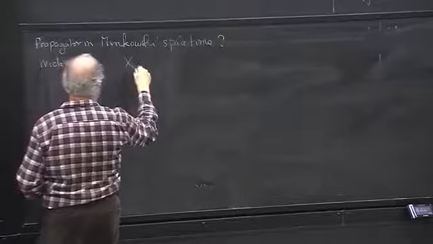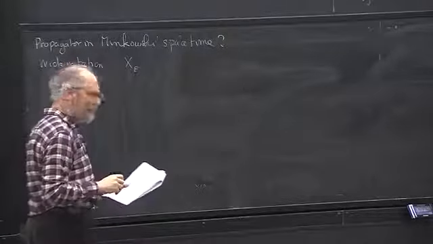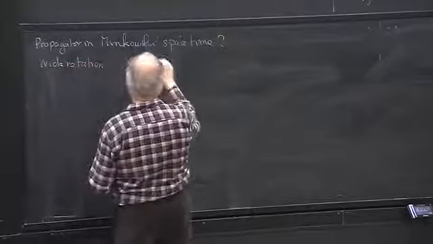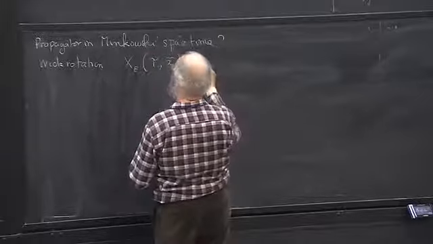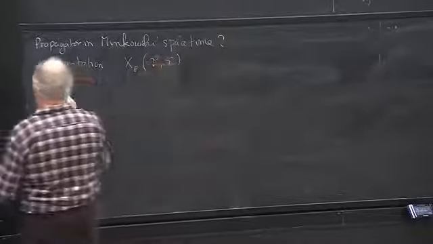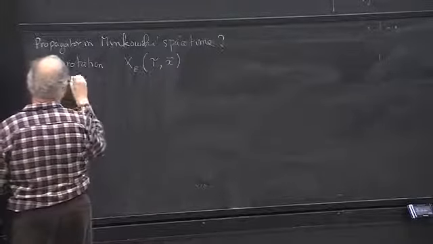to go back from the Euclidean coordinates, which was tau and x, by writing that tau is now minus I times the real time.